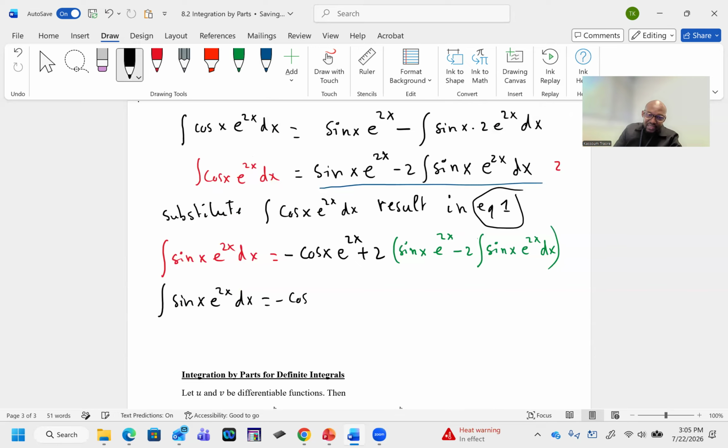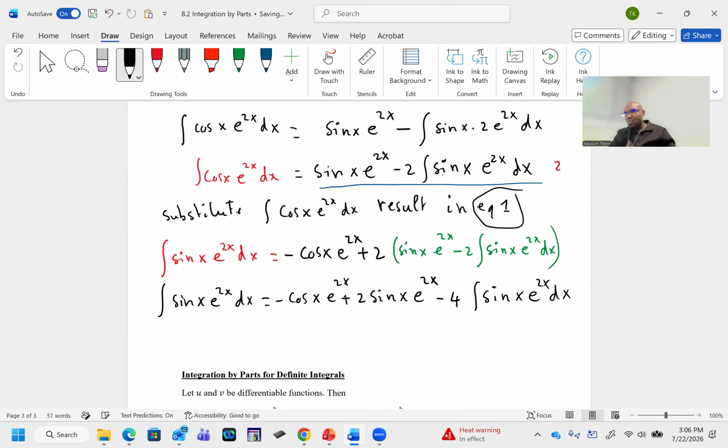Negative cosine of x e to the power of 2x plus 2 sine x e to the power of 2x minus 4 integral of sine of x e to the power of 2x dx.